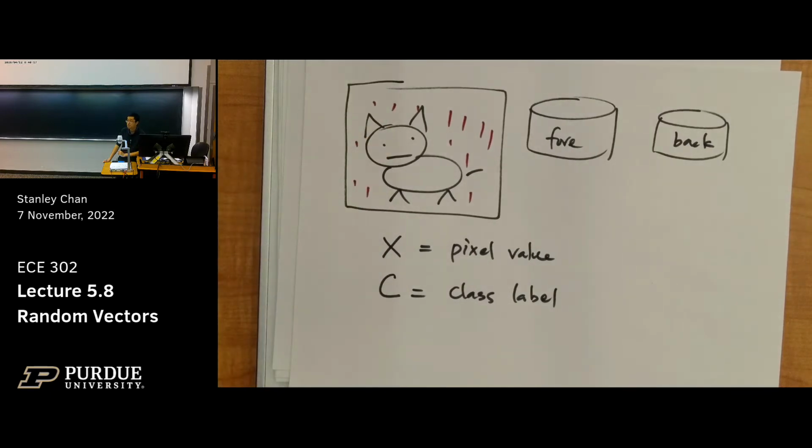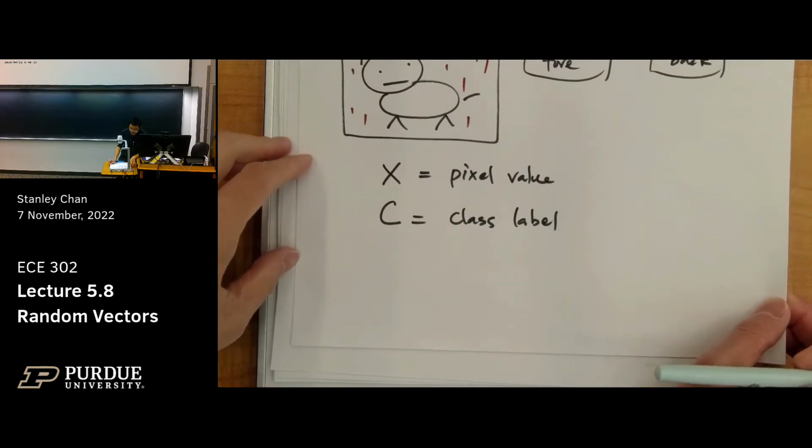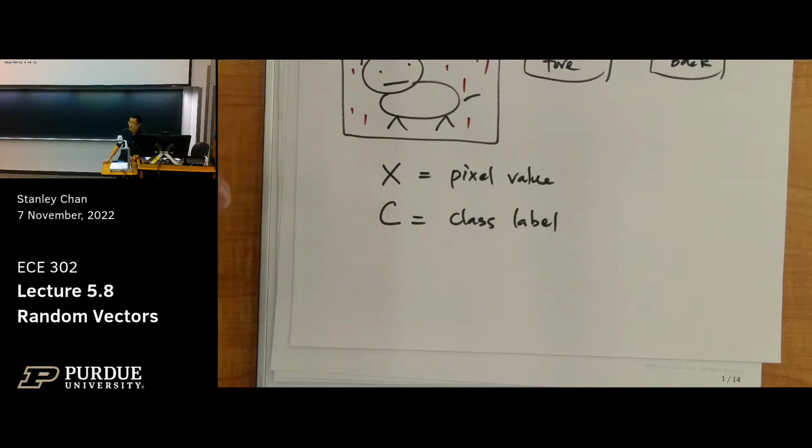So what we have learned so far is that there will be some kind of distribution of the random variable. And it has to be class dependent. Class dependent means that if I'm in class 1, I will have one distribution. If I'm in class 2, I'm going to have another distribution.